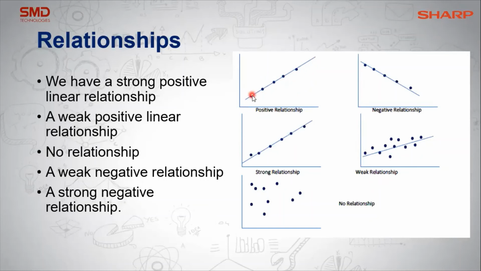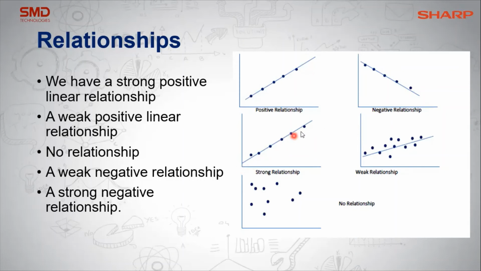This you should know from straight line graphs. If it is going from the bottom left to the top right, it is a positive relationship. If it is going from the top left to the bottom right, it is a negative relationship. As one increases, the other is decreasing. With the positive, as one increases, the other increases, so they're both increasing at the same time.